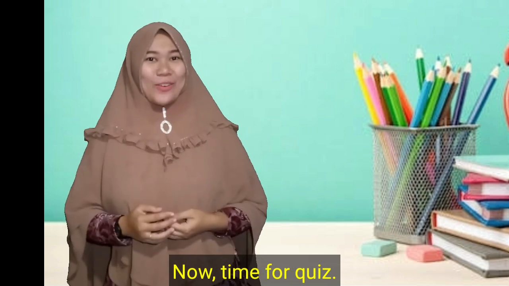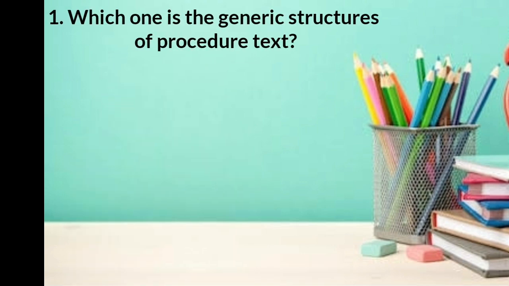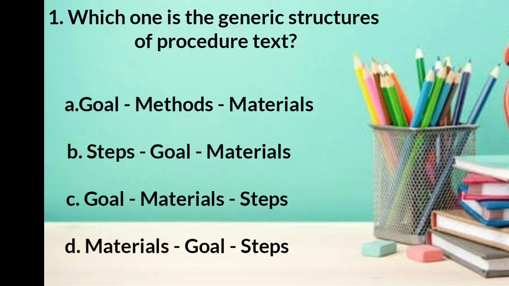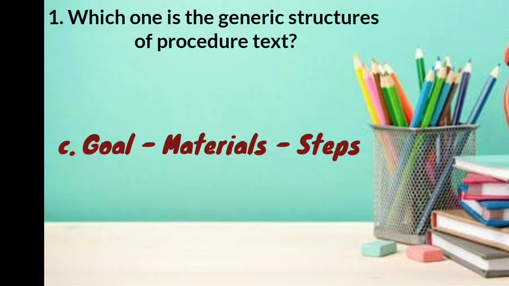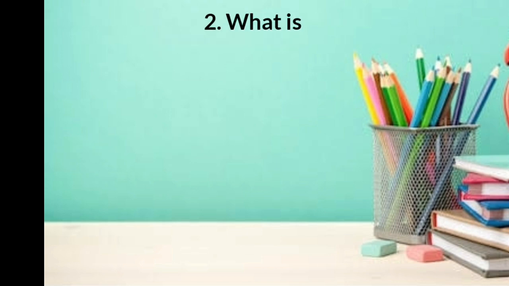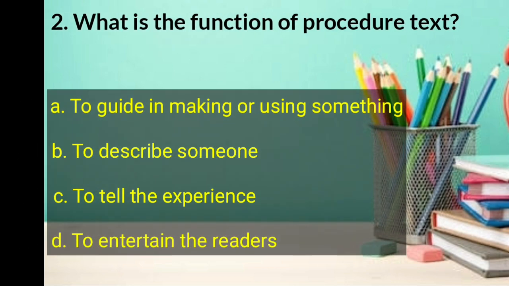Now, time for quiz. Question number 1. Which one is the generic structures of procedure text? The answer is C. Goal, materials, steps. Question number 2. What is the function of procedure text?